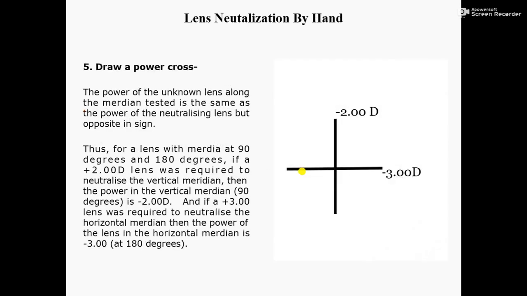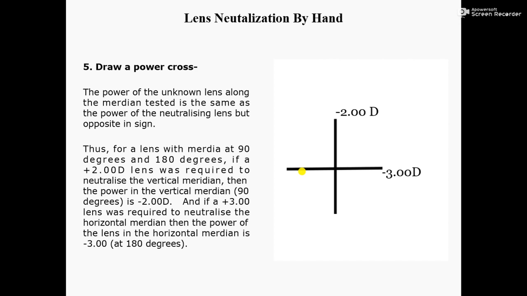Next, number 5, draw a power cross. The power of the unknown lens along the meridian tested is the same as the power of the neutralizing lens but opposite in sign.